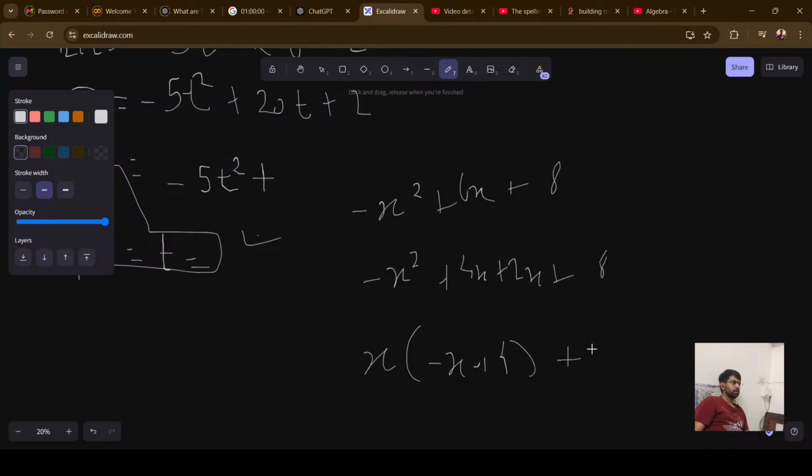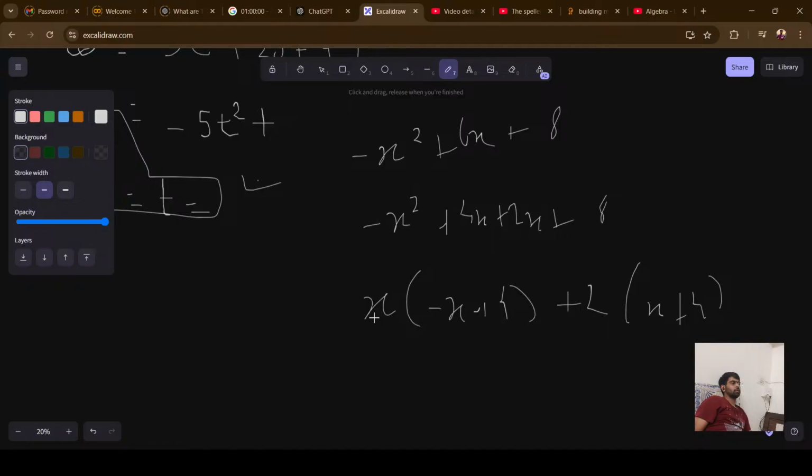But here, no, no. Here we can just take 2 plus x and x plus 4, take out minus x.